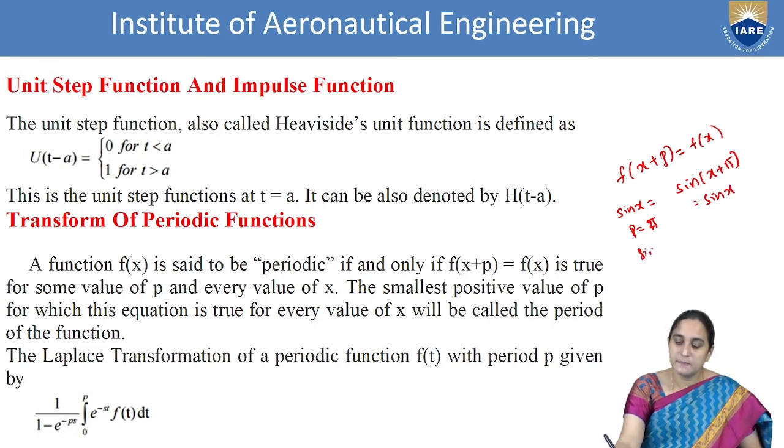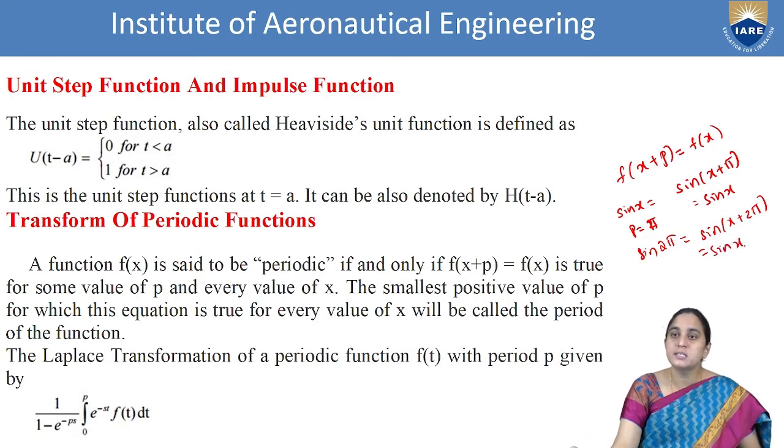Next, sin of x plus 2 pi is also sin x. Here the period value is 2 pi. We have taken any value of that, and again we got the same function, sin x. That is the concept of periodic, with the formula f of x plus p is equal to f of x.